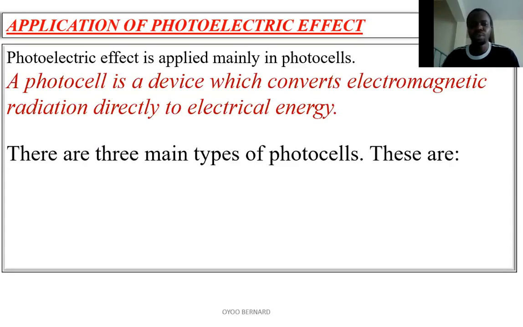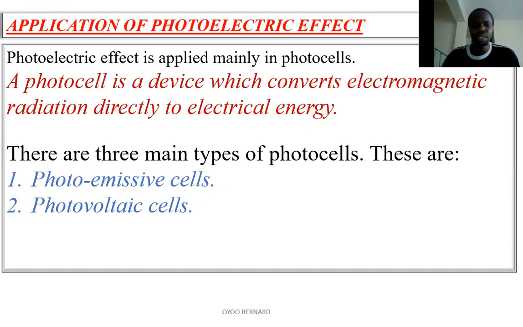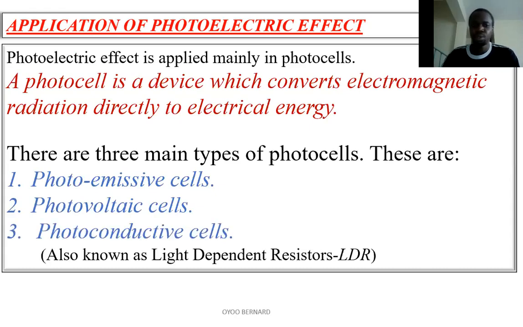We have three main types of photocells: photoemissive cells, photovoltaic cells, and photoconductive cells. These are also known as light-dependent resistors, which find application in many areas these days.